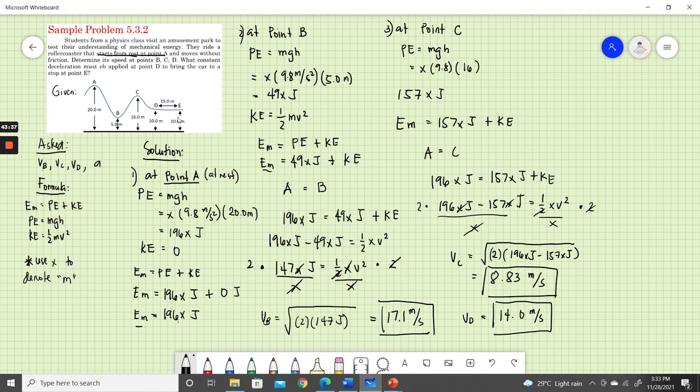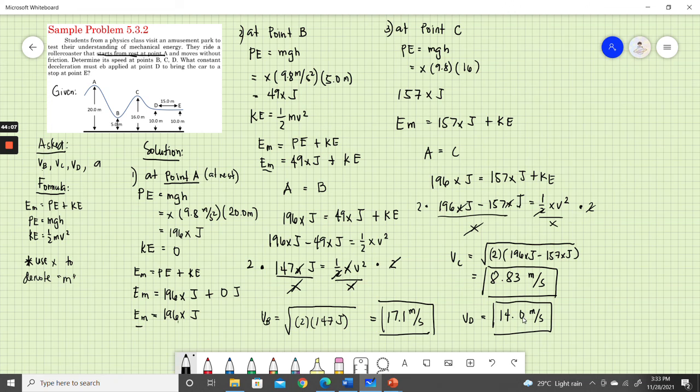So, since again, conserved yung energy, yung total energy mo sa A should still be your total energy at C kasi constant lang siya, no? And therefore, you can solve for the speed using the same method ginawa natin kay B. And to solve for the velocity at D, you just have to do the same thing. And it happens to be 14.0 meters per second.